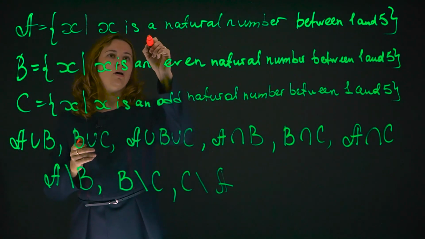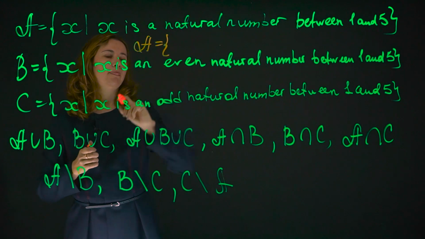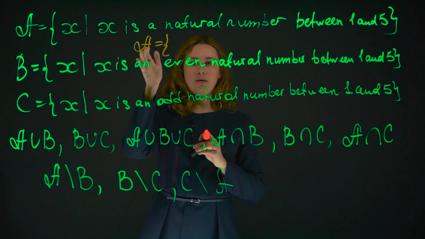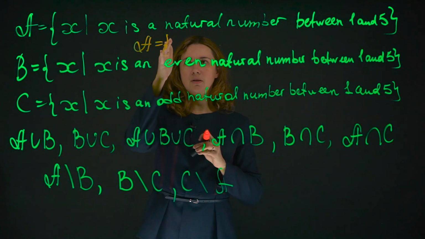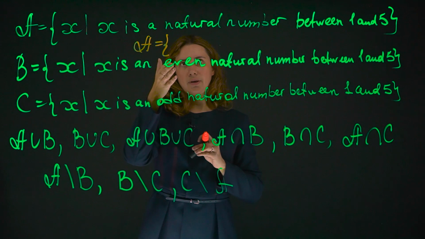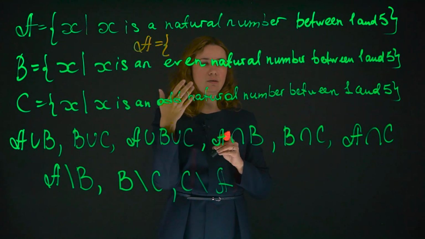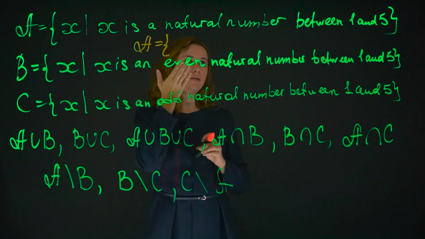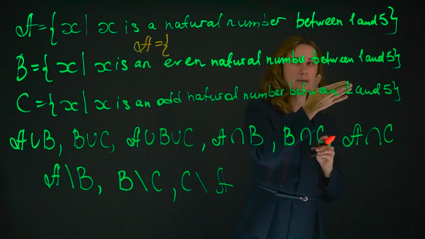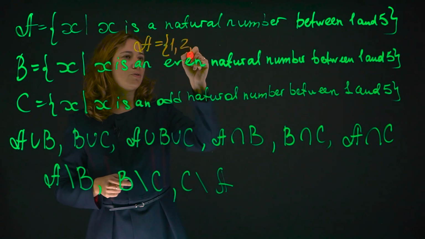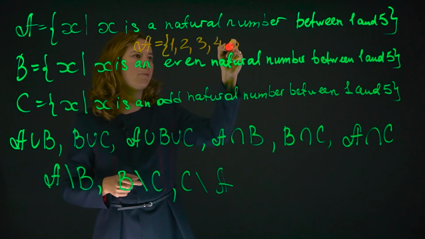We need to write the capital A, then put the equality sign, then write the opening curly bracket and then list our elements, x, where x is a natural number between 1 and 5. So our elements are 1, 2, 3, 4, and 5.